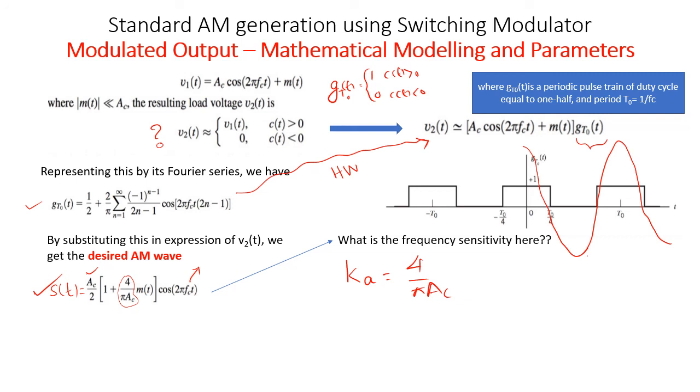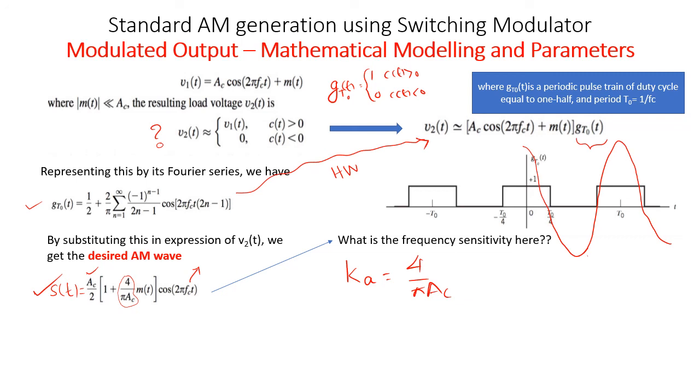So we cannot allow this Ka to be very large. Since Ka is inversely proportional to Ac, we want to limit Ka, and for that we can increase Ac.